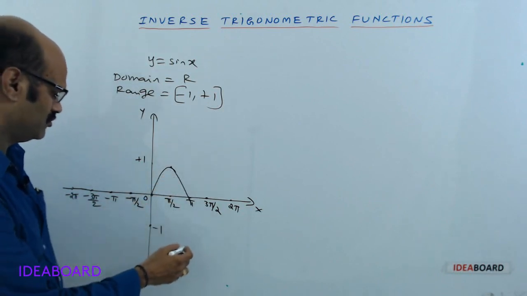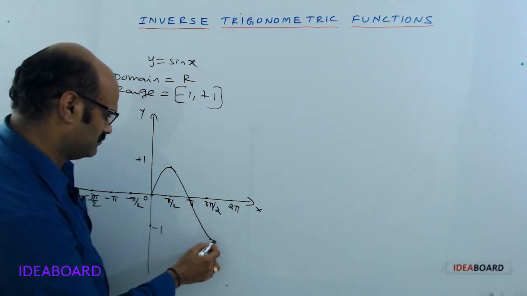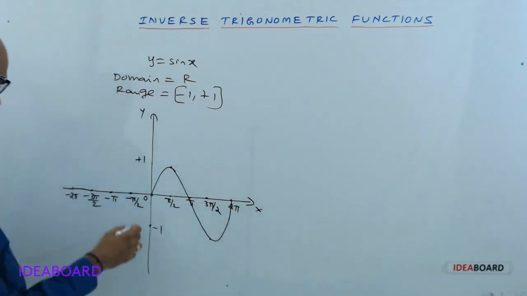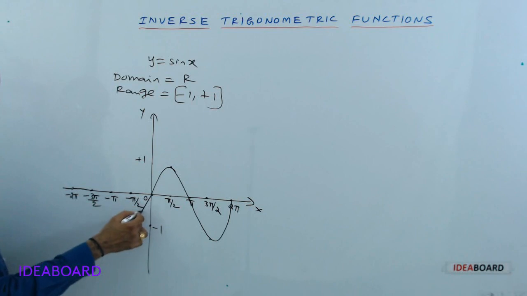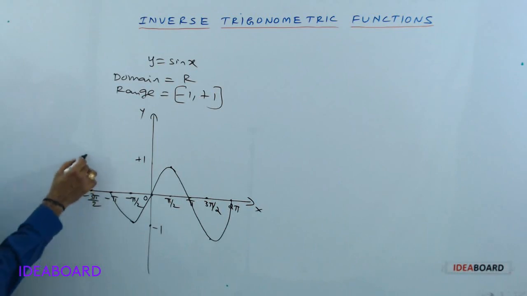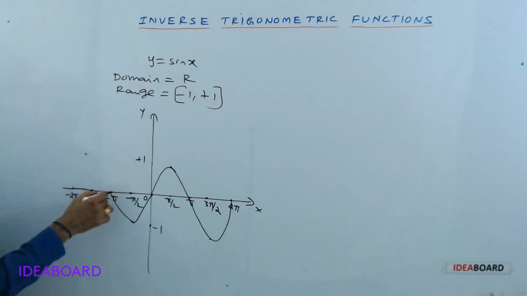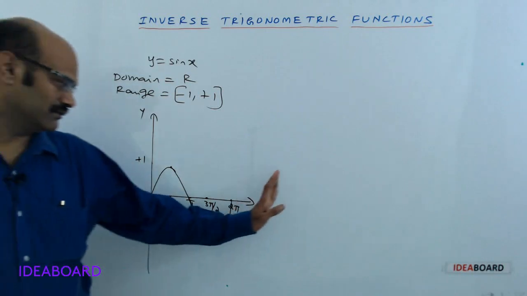Sin 3 pi by 2 equal to -1. Sin of -90 is -1. Sin of -180 is 0. Sin of -3 pi by 2 is +1, and so on.